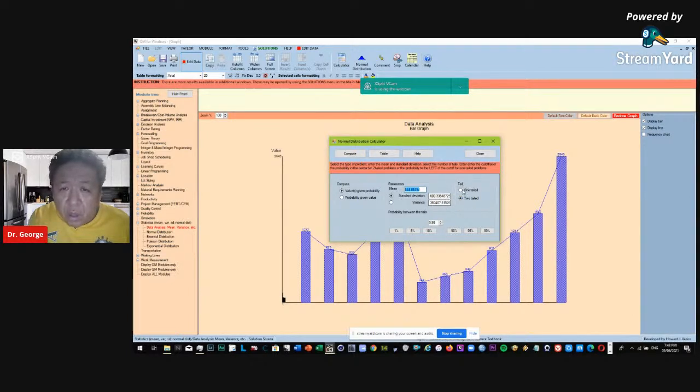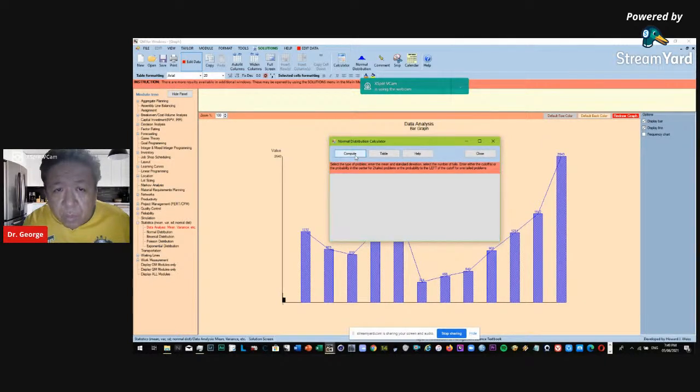And you are going to ask the program to compute for the value given probability, and you can put either one-tailed or two-tailed on a 95% probability, okay, so that you will see the normal curve. Now, if you compute that, then it looks like this.